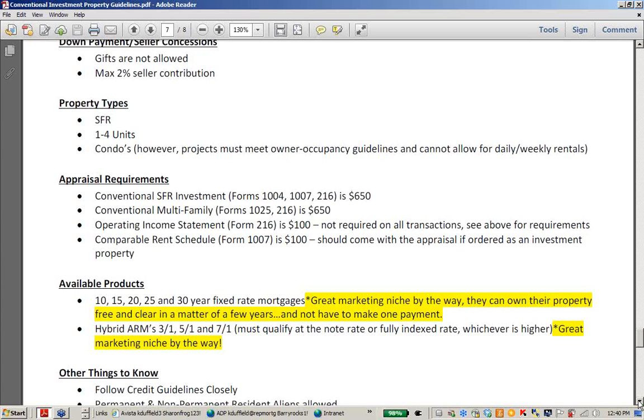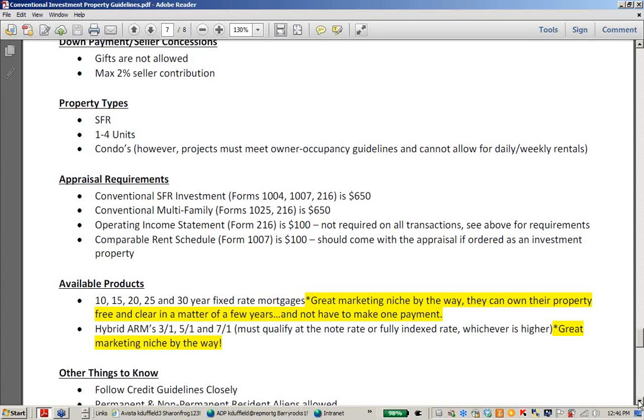So I think that's a great marketing tool to take out there and talk to your borrowers about and find out if they're interested in investment property, or if they know somebody that is, that you have a great 10 or 15-year loan that you can put them into and get that loan paid off quickly using the rents collected on that property.